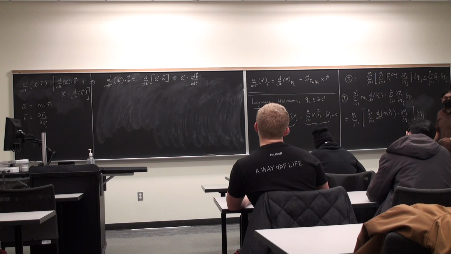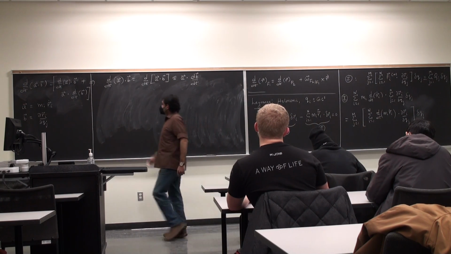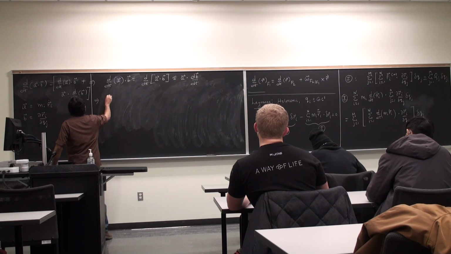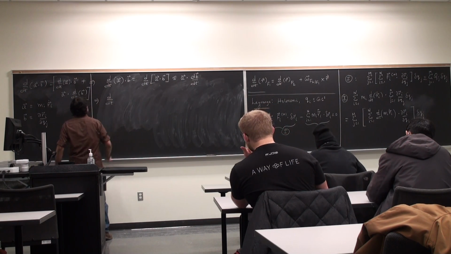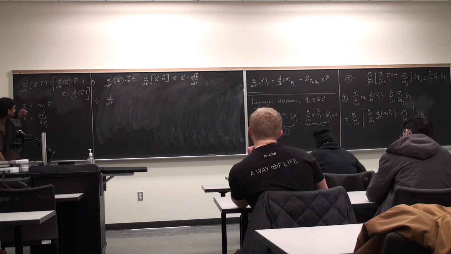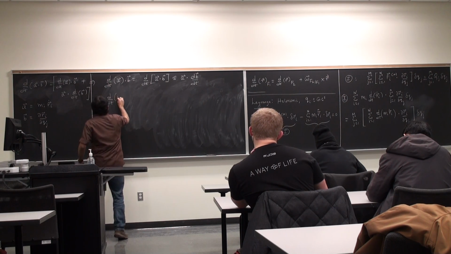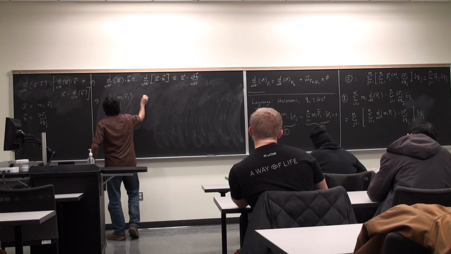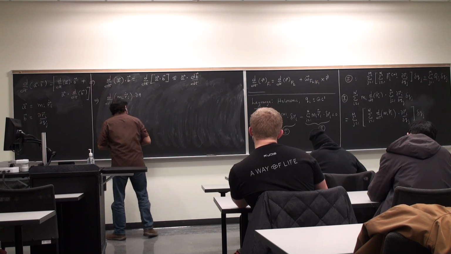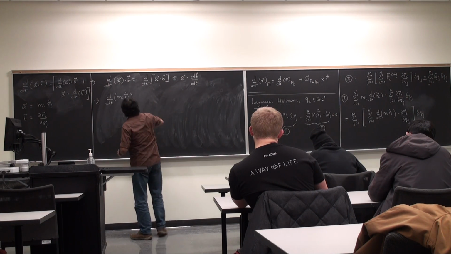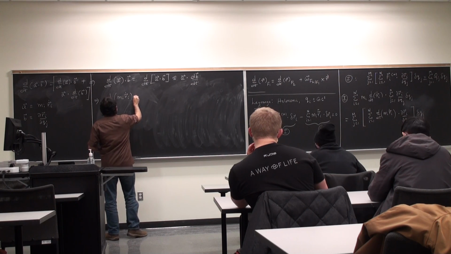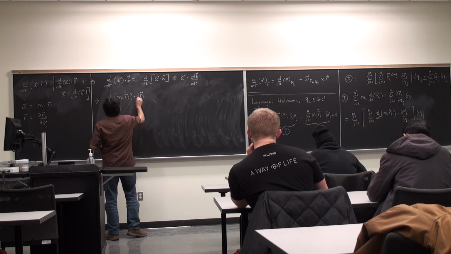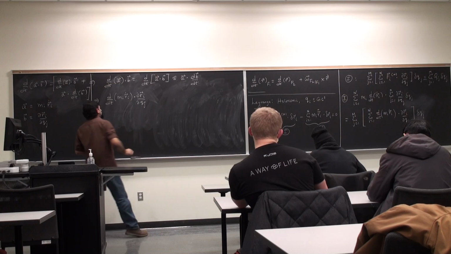Replace everything instead of A and B, write it as m_i R_i dot and all these things. So I have d by dt of A, which is m_i R_i dot, dotted with del R_i by del q_j.